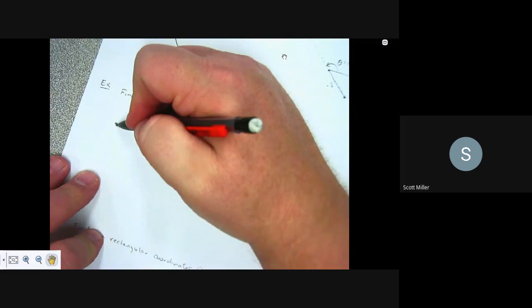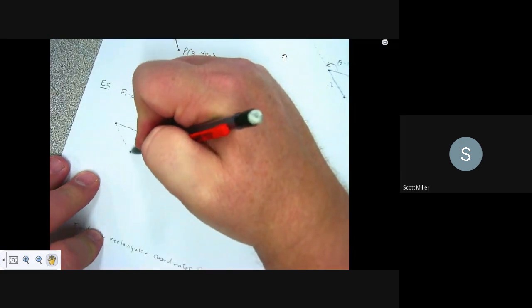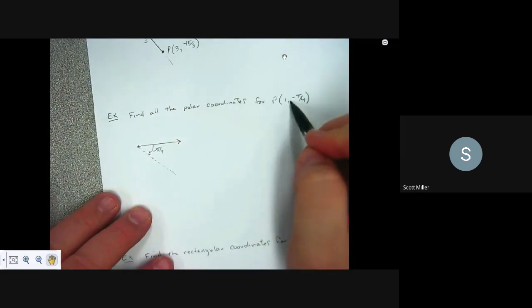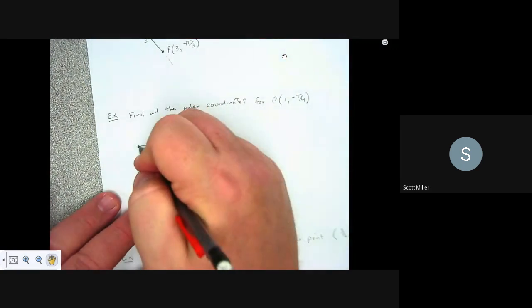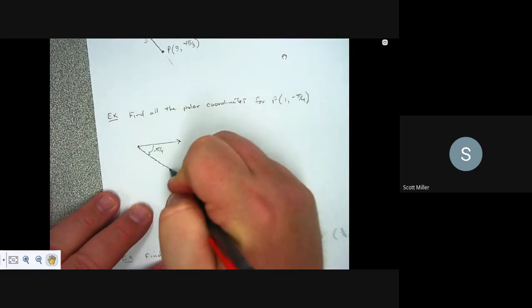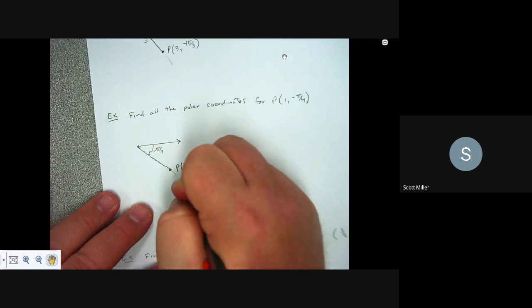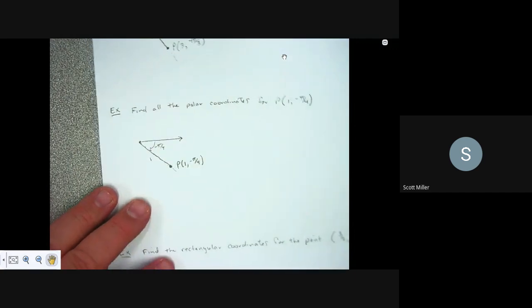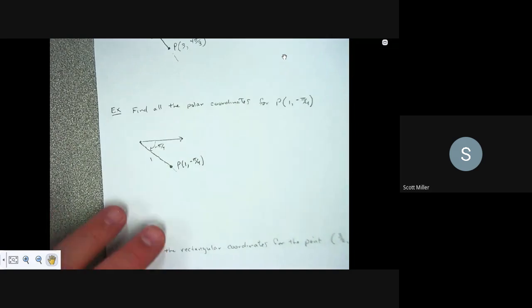And it's going to be this one right here. So this angle right here is a negative pi over 4. And then I'm going to travel a distance of 1. So since I'm facing this direction, I travel in this direction. Put a dot. This is 1, negative pi over 4. That's a distance of 1 right there.